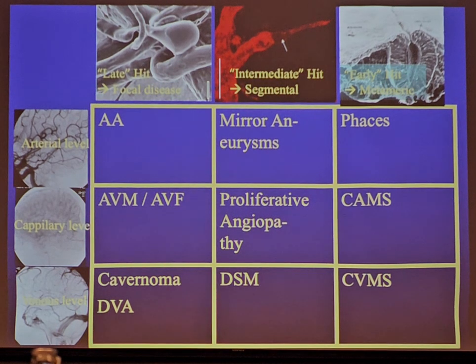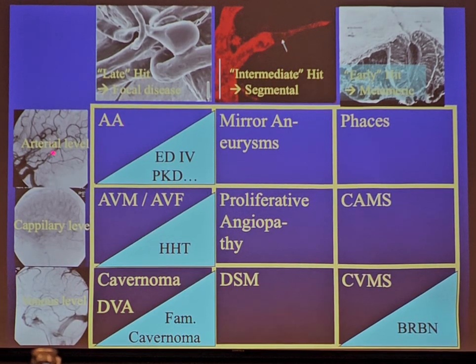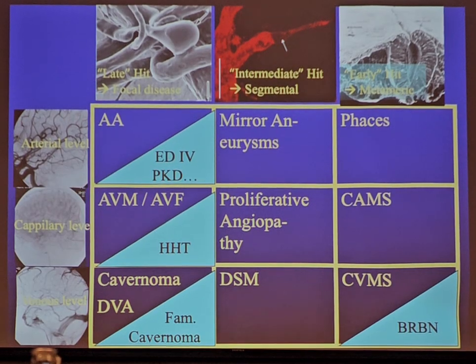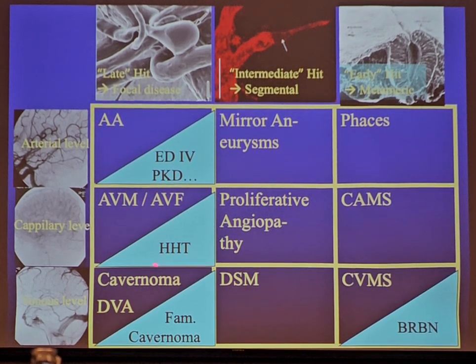And this will allow us to add the third dimension here that will tell us whether we have an arterial focal disease, for example, aneurysm or dissection, or an arterial focal disease that is genetically determined, Ehlers-Danlos, polycystic kidney disease. Arteriovenous diseases, focal, arteriovenous fistulas or AVMs, or genetically determined, HHT.